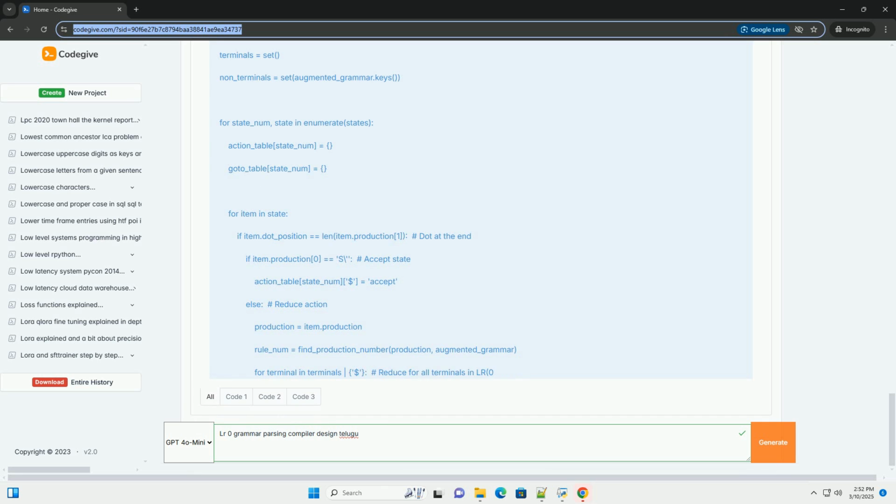Terminal symbol, Anthima Chinnam: the basic building blocks of the language. Examples: keywords like if, else, operators like plus, equals, identifiers, numbers. Like the words in a Telugu sentence. Non-terminal symbol: symbols that represent grammatical categories.